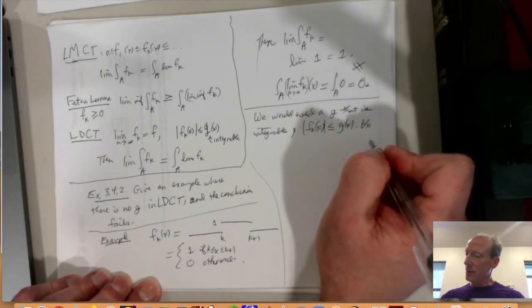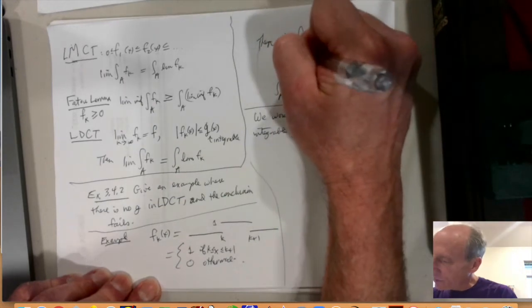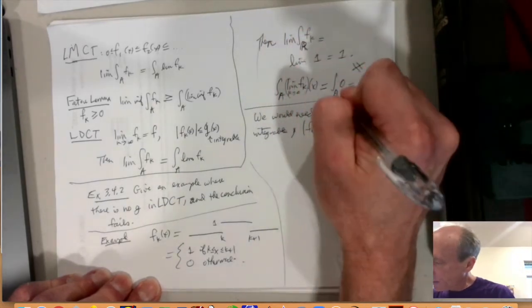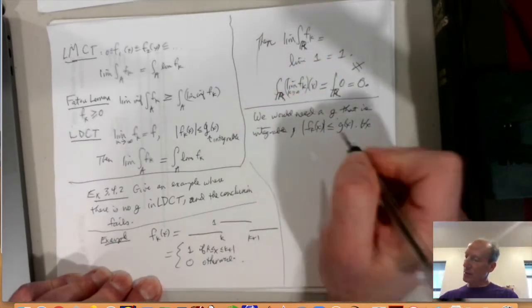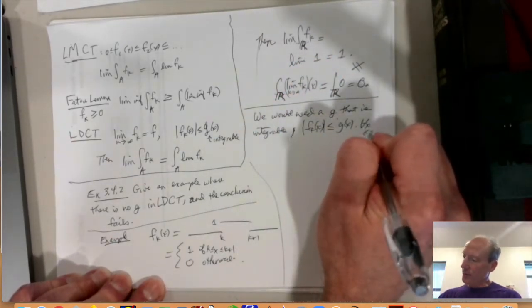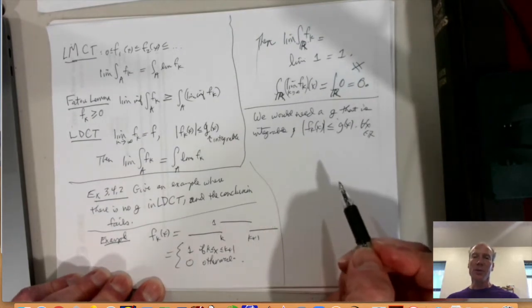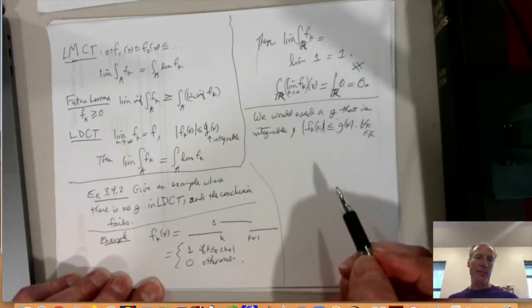And I guess I meant A to be R^n, sorry, to be R. Okay, for all x in R. And who can tell me what the g of x would have to be at a minimum?